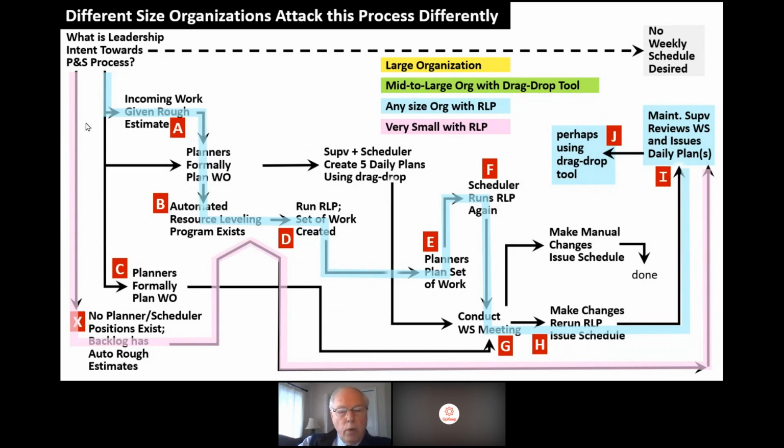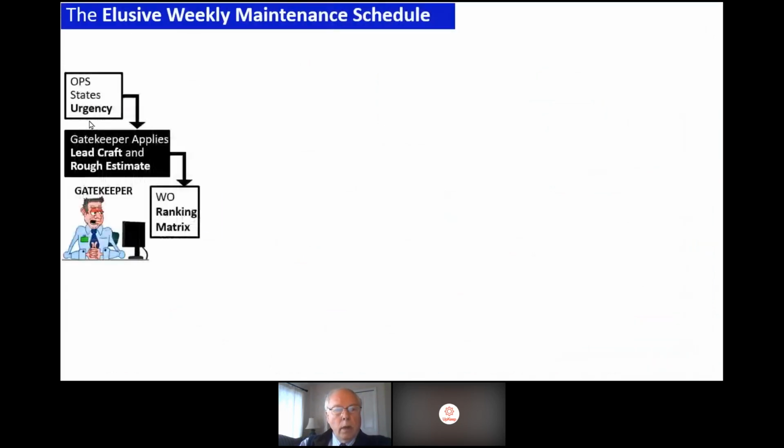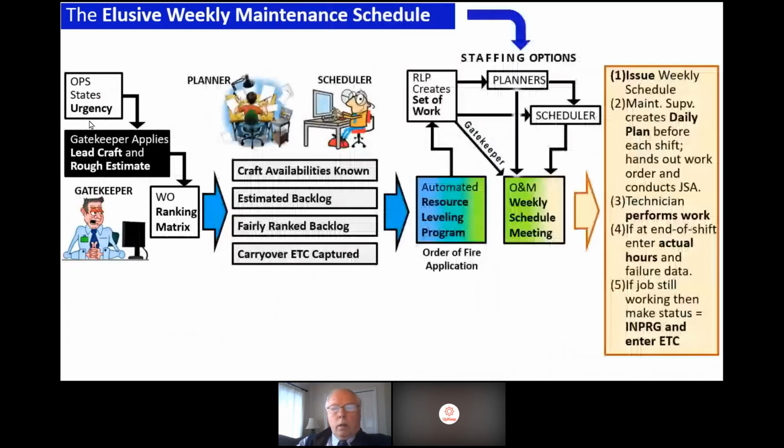So the RLP would run through letter D, and you could conduct a weekly schedule meeting. The set of work goes straight to a weekly schedule concept, they issue the schedule, and they're ready to go. So this is the complete process right here. On the left, there's the gatekeeper. There's the automatic ranking of the backlog.